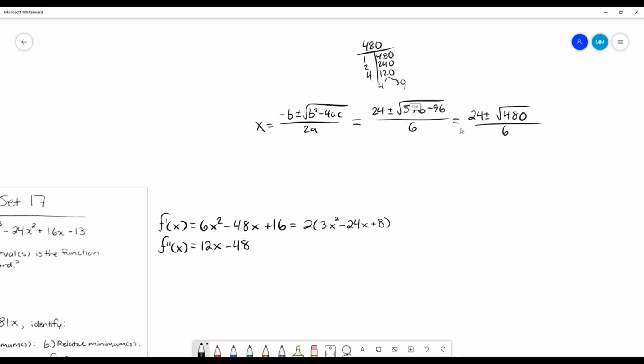Yeah, I don't think there's any more there. So let's see, I can factor out 2 4s. So it's going to be same as 24 plus or minus 4 times the square root of 30 over 6.